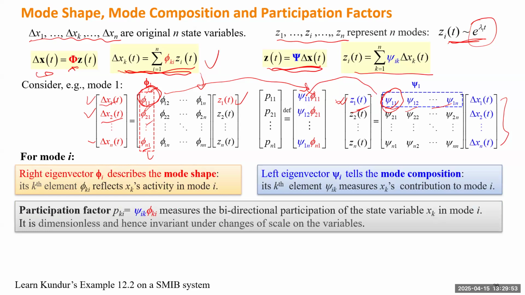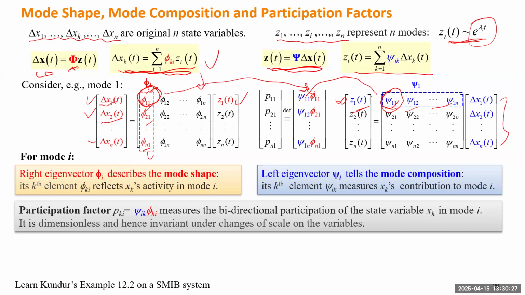Participation factor PKI is basically the product of psi Ik multiplied by phi ki, because phi ki means the activity of the k-th state variable in mode I, multiplied by its contribution to mode I, which measures the two-way connections between a mode and the state. So that really tells the real participation of the state variable in the mode.